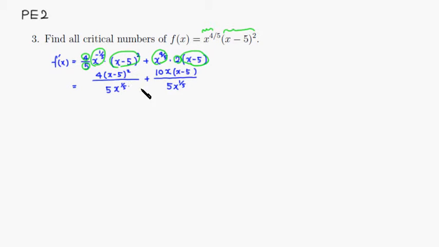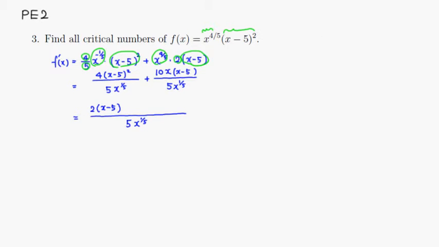Let's combine these two quotients together. We already have the common denominator, 5x to the 1/5 power. What's in common? This is even, that's even, so I'll pull out 2, and also x minus 5, so I'm going to pull out the x minus 5 as well.